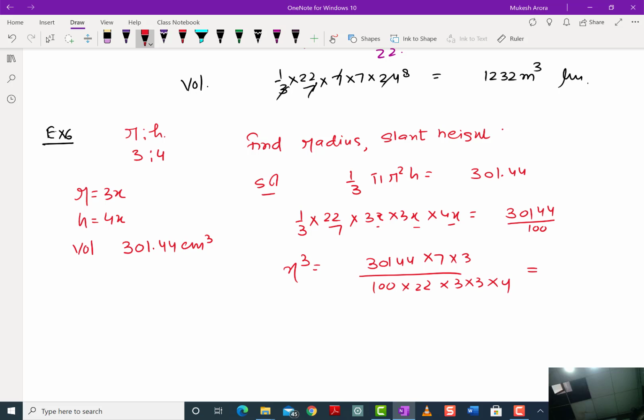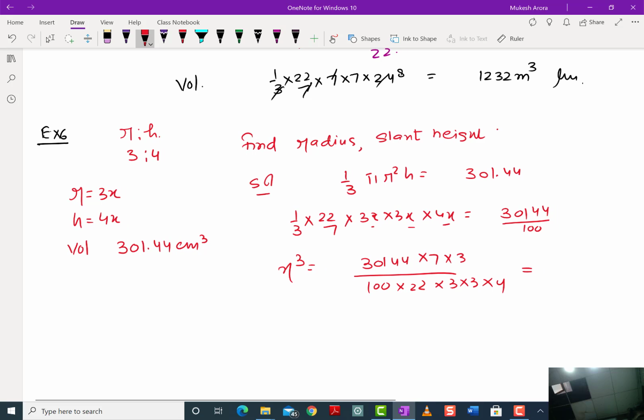When you cut this, it comes to x³ is equal to 215.8036. So approximately r will be 6 centimeter.